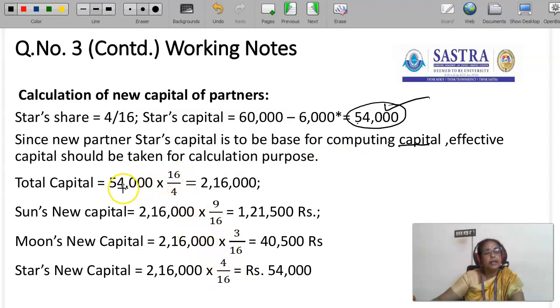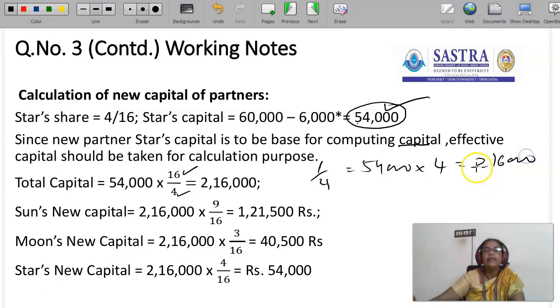And so the total capital is 54,000 into 16/4, or 54,000 into 4, okay, that is 2,16,000. In either way we can do. We can do 54,000 into 16/4, that is also 54,000 into 4. His share is 1/4, so the total capital is 54,000 into 4/1. So that is the total capital.